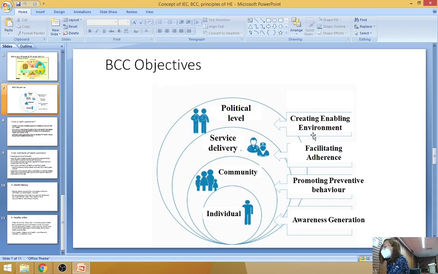But the main difference is in IEC. If we go back to the same example of, say, malaria is caused by mosquito bite, Anopheles mosquito. So we will give the information to the community, it is caused by mosquito bite, so you try to sleep under the mosquito net.